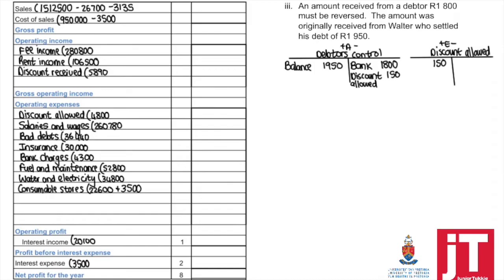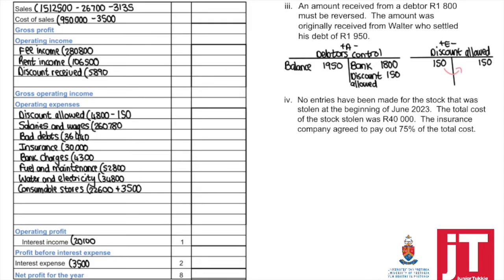Now we need to reverse all of this. Because we're only doing the statement of comprehensive income, I only care about what happens with my expense account. Discount allowed must be reversed, which means we now need to credit that, and if we credit it, we need to minus it from the 4,800.